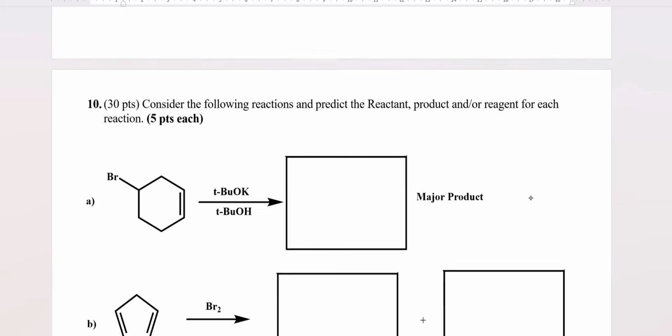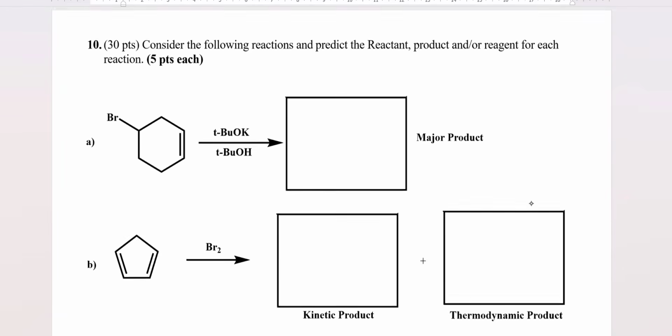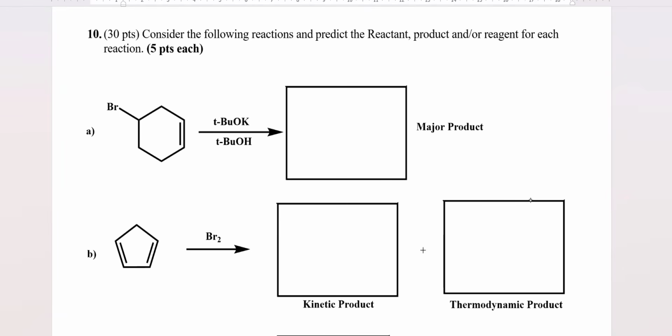And the last question in this test review is question 10. We need to predict the reactant or product in the following reactions. For reaction A, we use a strong base, so we can have an elimination reaction. On both sides of this bromine, we have hydrogen. So we may have elimination from here or from here.